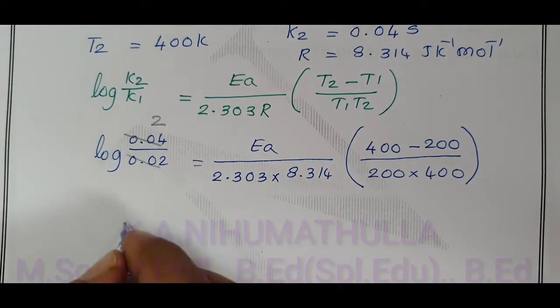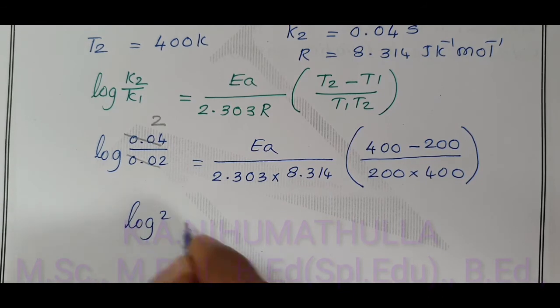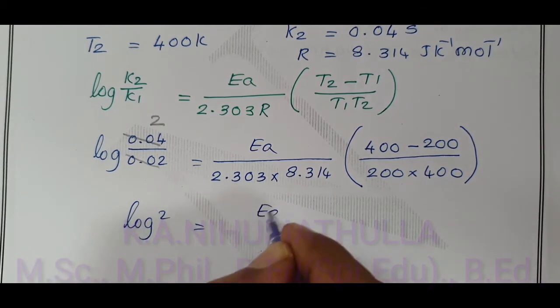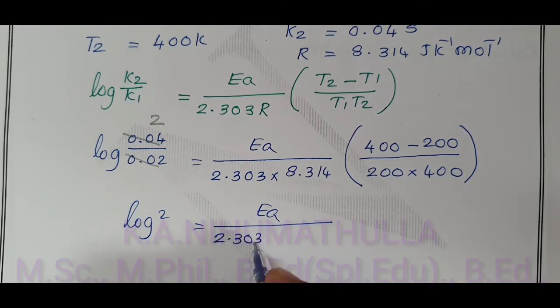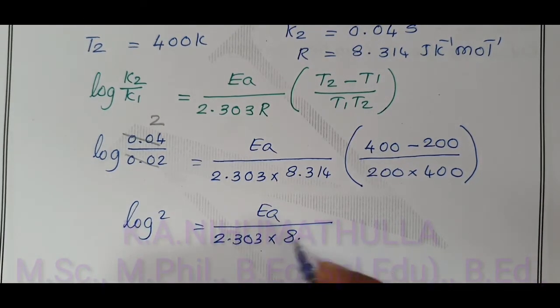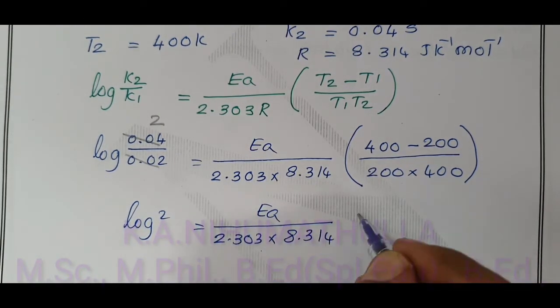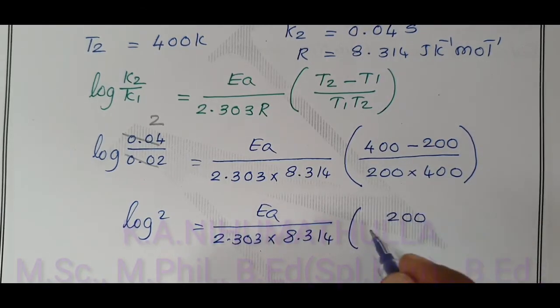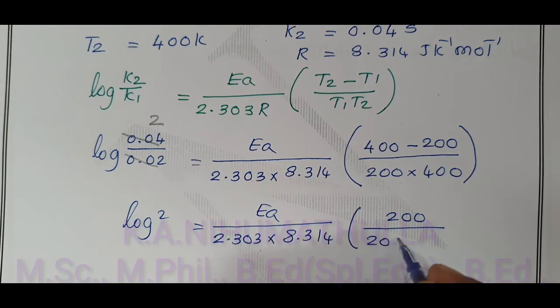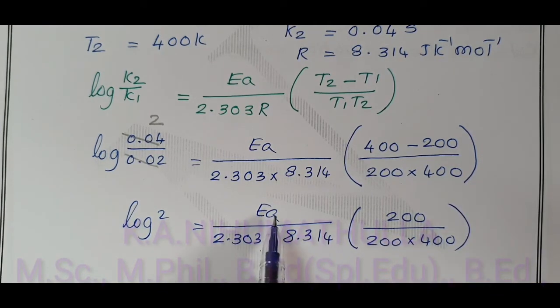Log 2 is equal to Ea by 2.303 and 8.314 and 400 minus 200, equal to 200, divided by 200 and 400. We have to calculate the Ea value.